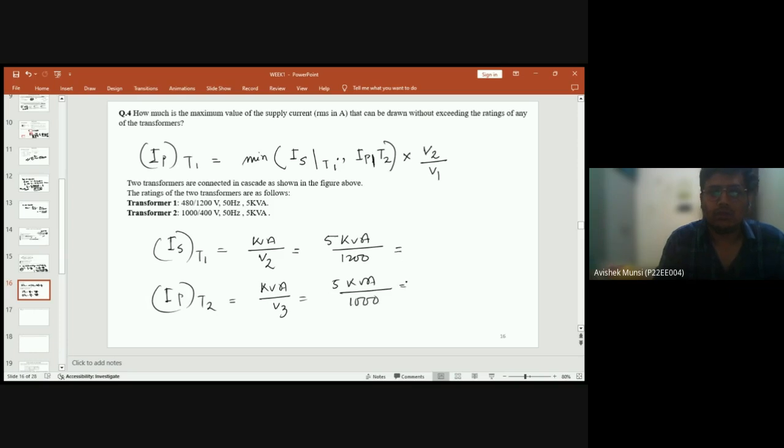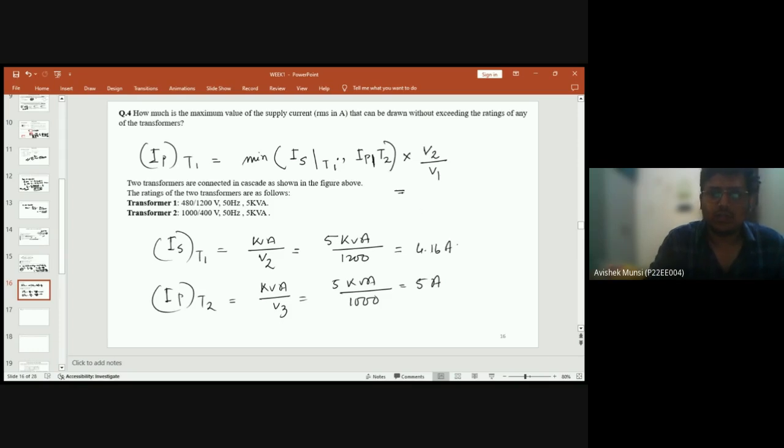If you solve it, what will be the answer? This one is 4.16 amp, and this one is 5 ampere, right?